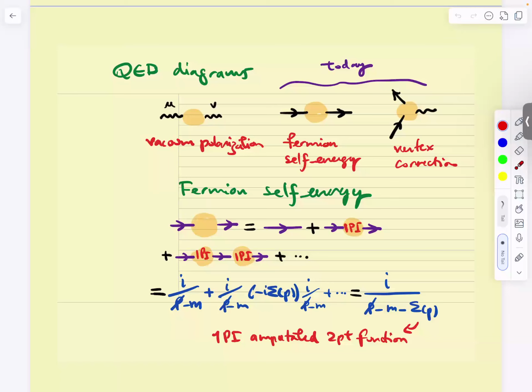For the photon, there was no mass, essentially, importantly. So we interpreted it as a renormalization of charge through the other diagram. But here it's a renormalization of mass. If we calculate this diagram, we're going to be renormalizing the mass of the fermion.